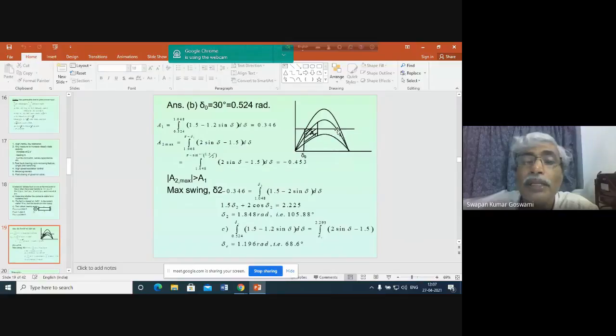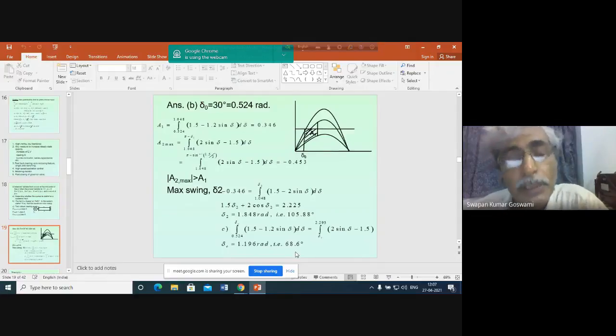So you are now changing this angle, but this angle does not change. So this area is changing, but this point is not changing, because the peak of the power angle curve is fixed. So this point is known. That's why it is 2.293. Now you equate the two areas, and you will find delta C to be 68.6 degree.